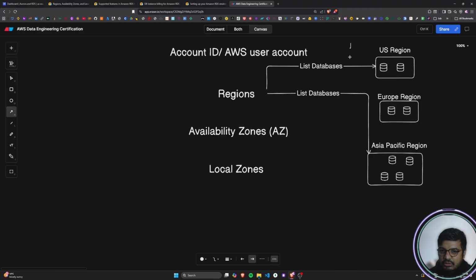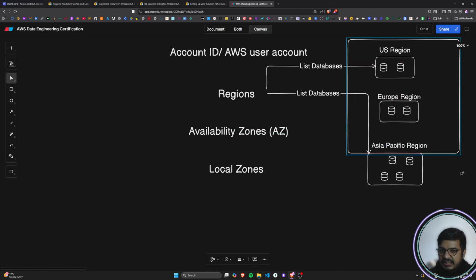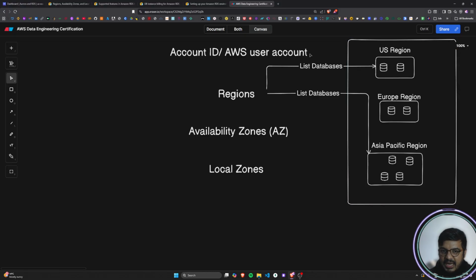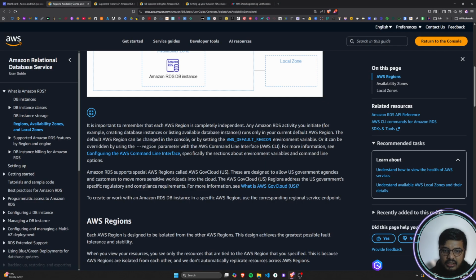So these databases are all part of the same account, but they will differ region-wise, and this is exactly what it is trying to say in this particular line. The default AWS region can be changed in the console or by setting the AWS_DEFAULT_REGION environment variable.